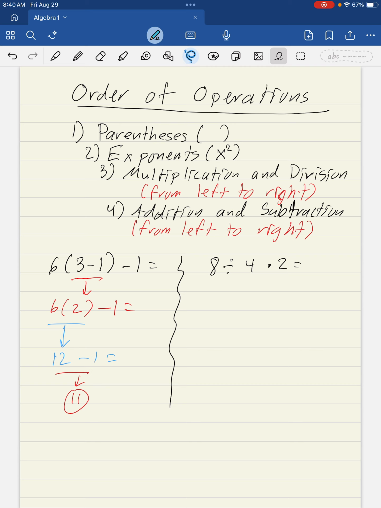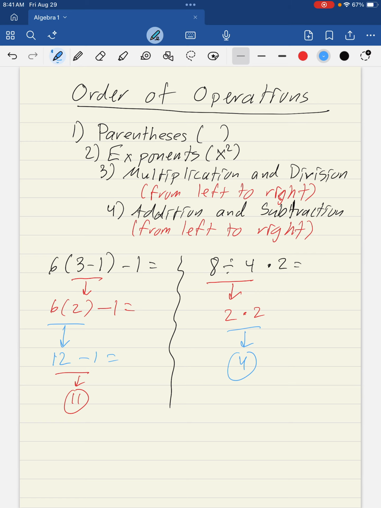But we have to remember that multiplication and division are both level 3 operations, and they go from left to right. Because these are the same level, I have to do this one first, and then that one, because they're both in step 3. So my division first, 8 divided by 4 is 2. And last but not least, I have 2 times 2, which is 4. That's it.